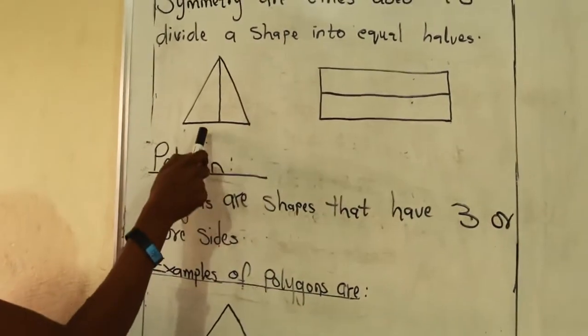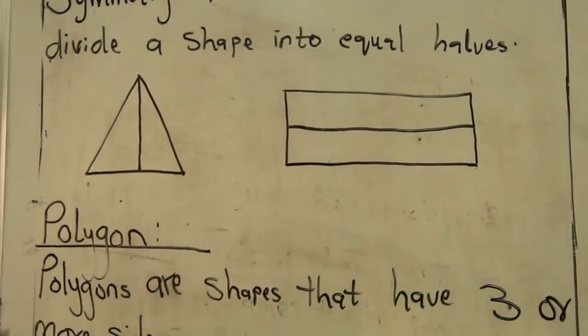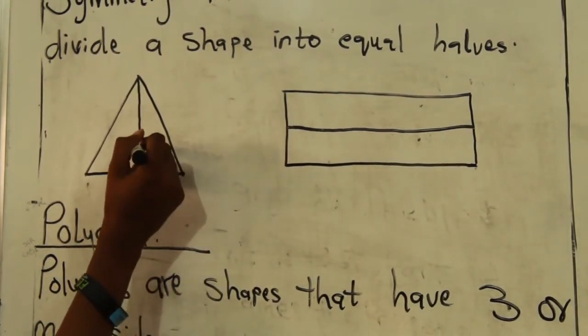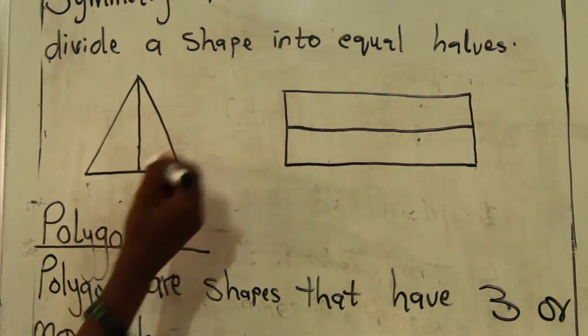Now look at this shape. We all know that this is a triangle. Do you see this line right inside the triangle? This line is called a symmetry.